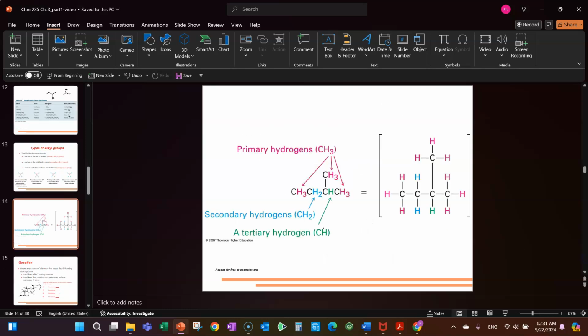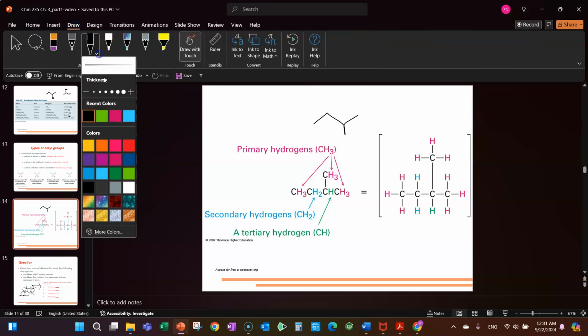For example, in this molecule, we can draw the skeletal structure to see it clearly. We have 4 carbon atoms on the chain, and on this carbon atom we have a methyl group here. It's asking us to identify all the primary, secondary, and tertiary hydrogen atoms. First of all, you can identify the primary, secondary, and tertiary carbon atoms.